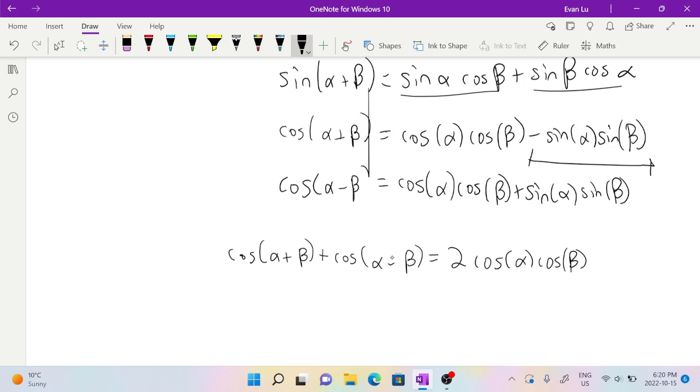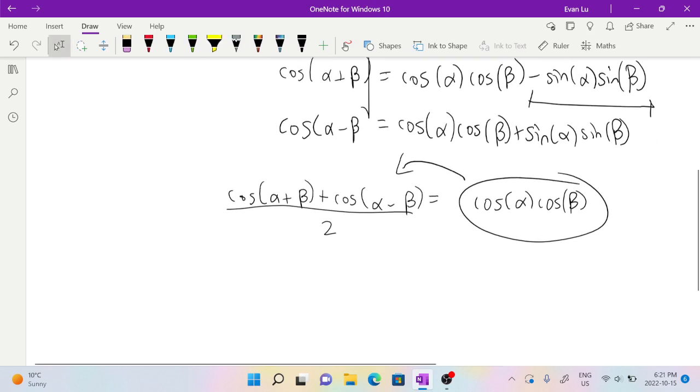And now if we divide both sides by 2, here we have a way to switch between a product and a sum. And so you can imagine a pretty similar thing for sine of alpha, sine beta.